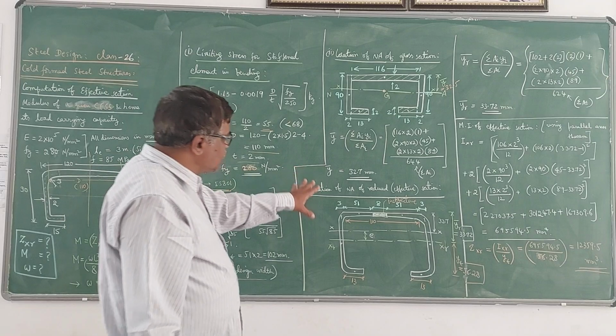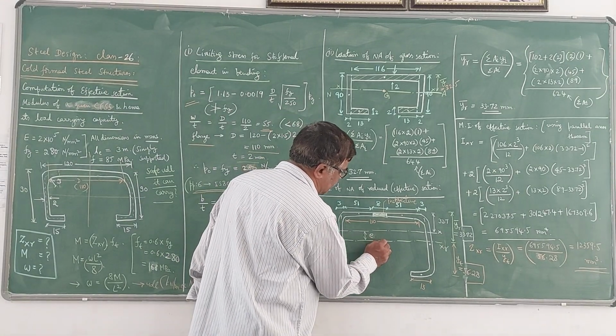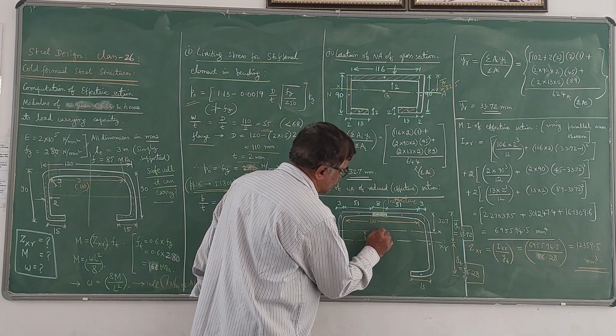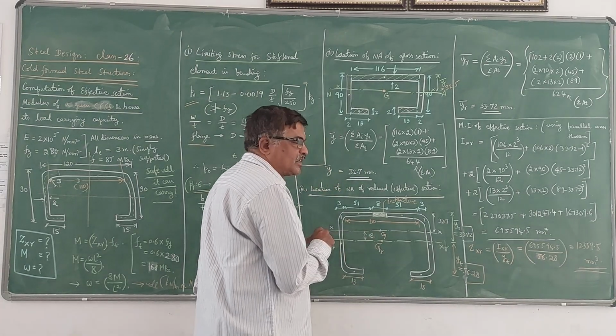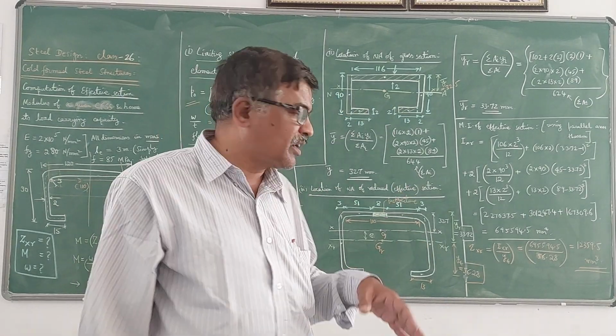Now, on similar lines, if you locate the CG, let us call it GR, and this is G. So G is the centroid of the gross section, GR is the centroid of the reduced or effective section.